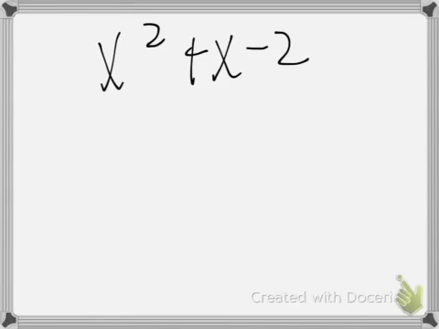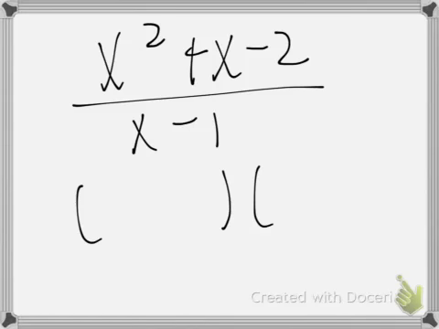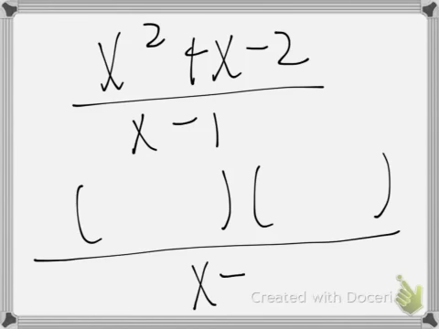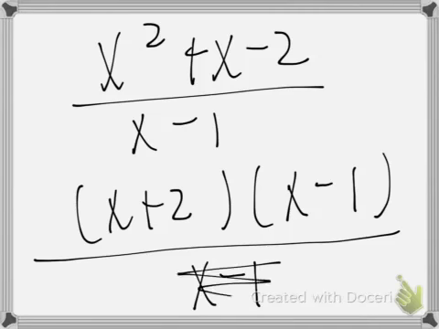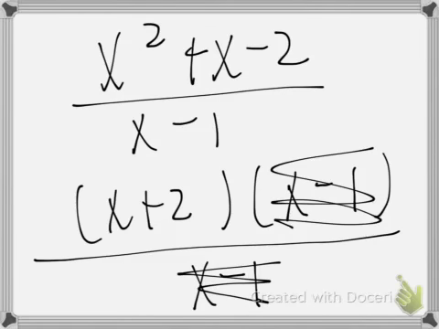So now we have to factor. You have x squared plus x minus 2 over x minus 1. So you'll have x plus 2 times x minus 1 over x minus 1. So the x minus 1 cancels out. So for this equation, you're just left with x plus 2. So we already know that it has no horizontal asymptote because it was Botno.